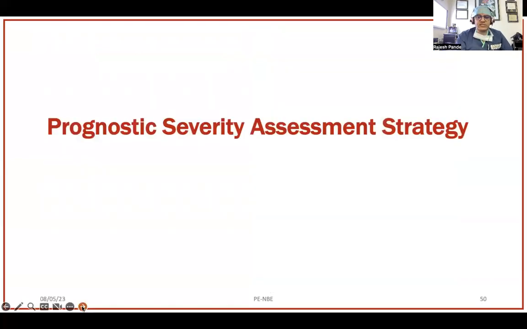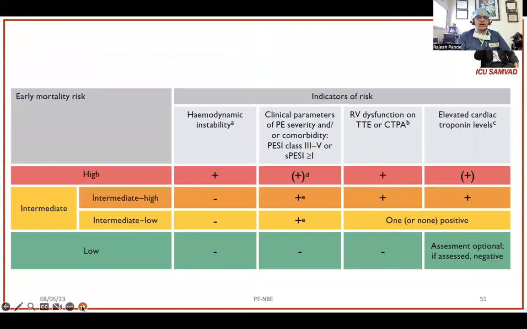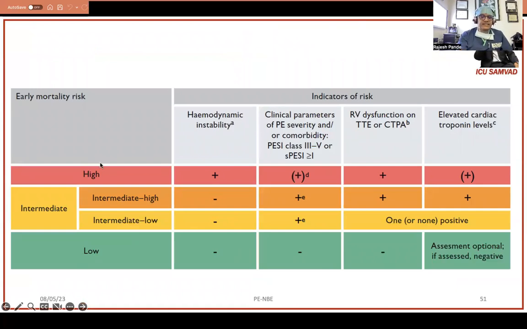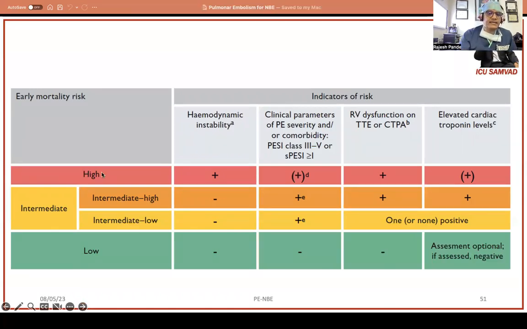Prognostic severity assessment strategies. Now, this is important for you to understand. Like I said, now we talk about high mortality risk pulmonary embolism, intermediate and low. Intermediate is divided into intermediate high and intermediate low.